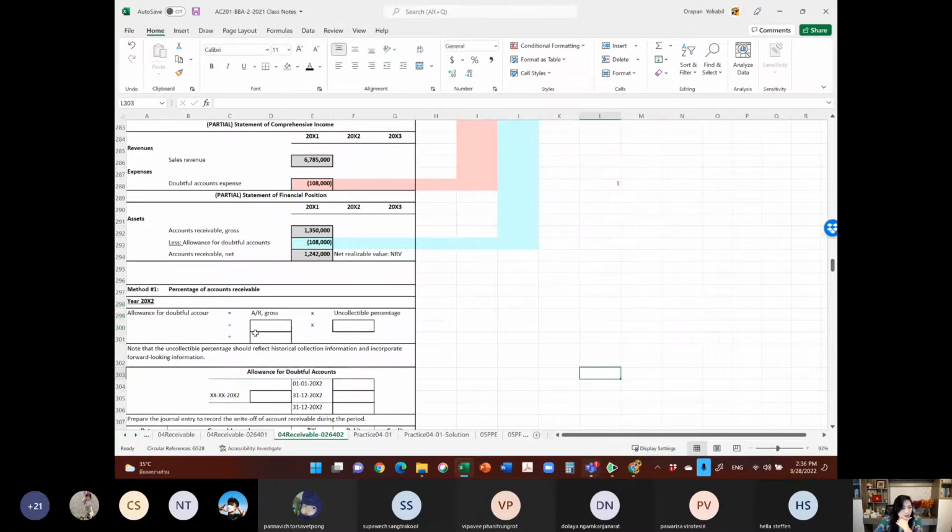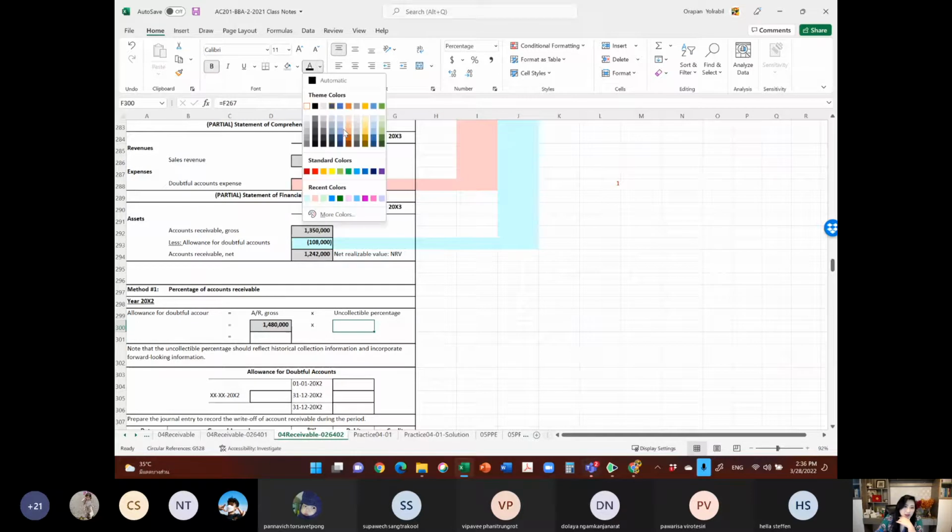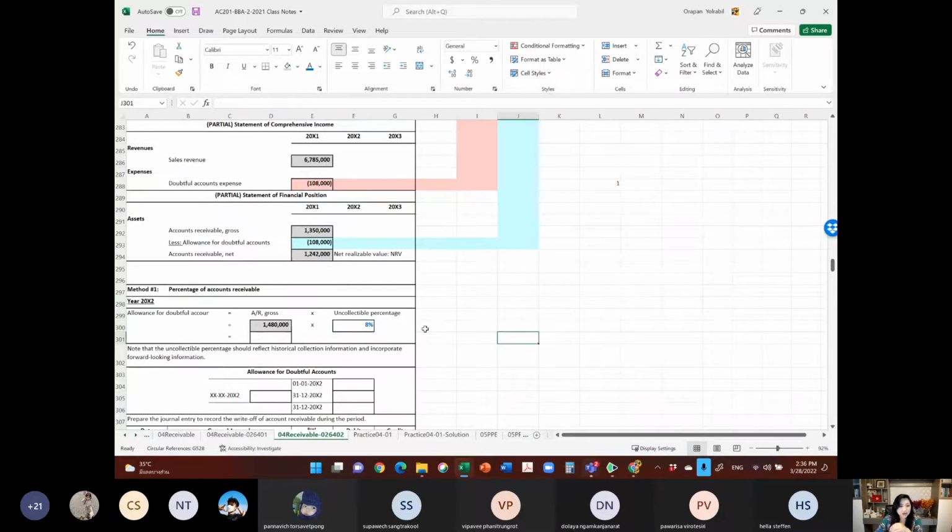For this year number 2, from the information given, we know that the accounts receivable is 1.48 million. And over here, you estimated that 8% of the receivable will be uncollectible.